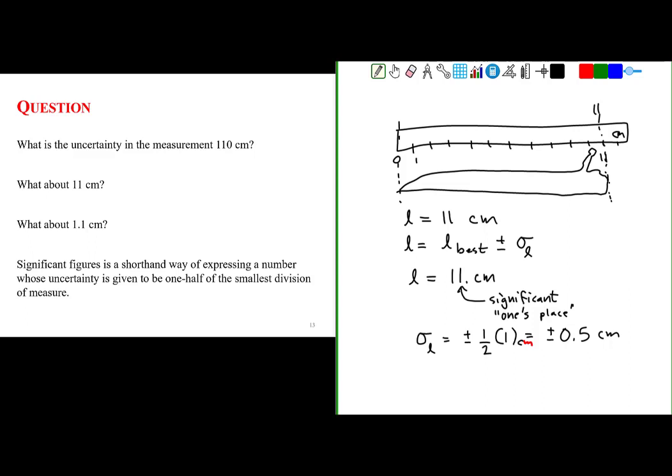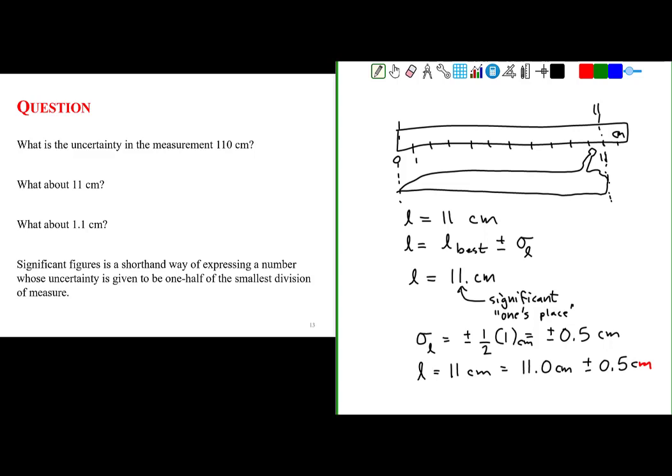This means that our report of 11 centimeters for the length of the banana slug is equivalent to 11.0 centimeters plus or minus 0.5 centimeters.